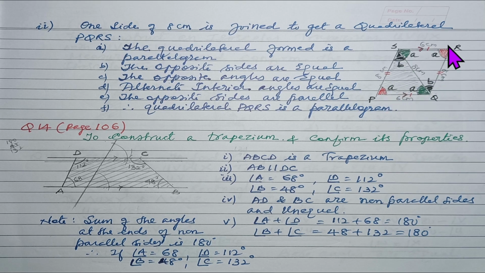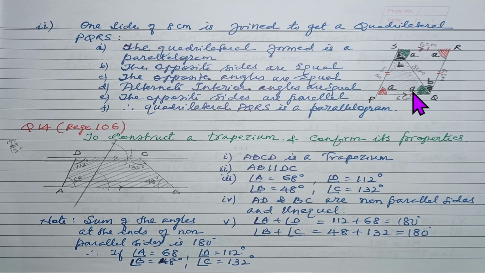Therefore angle P is equal to angle R, that is equal to angle A. And angle PQS and angle RSQ are equal, because SR and PQ are parallel. That means angle A is equal to angle A, alternate interior angles, and also angle B and angle B are equal. Therefore A plus B, that is angle PSR and angle PQR, are both equal angles, that is, opposite angles are equal. Looking at the property of this quadrilateral, the opposite sides are equal and the opposite sides are parallel.